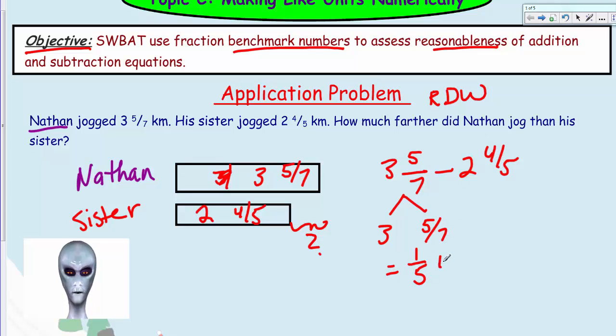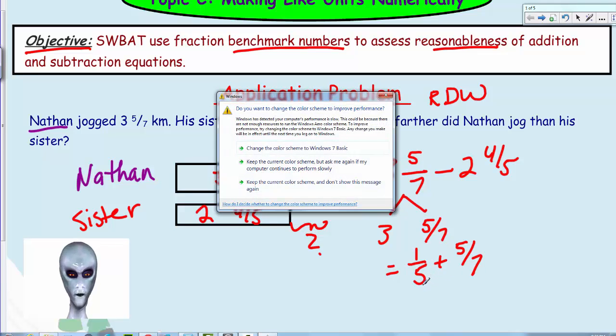And then we're going to add on the 5/7. I should actually think of it this way: we're also subtracting the 2 from the 3. So 2 4/5, 1 more fifth gives us 3. Therefore, we only have 1/5 left.